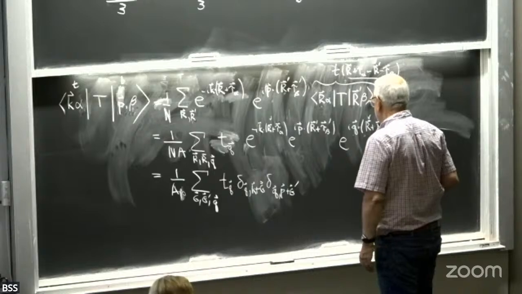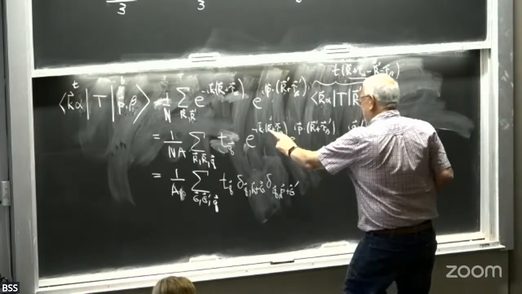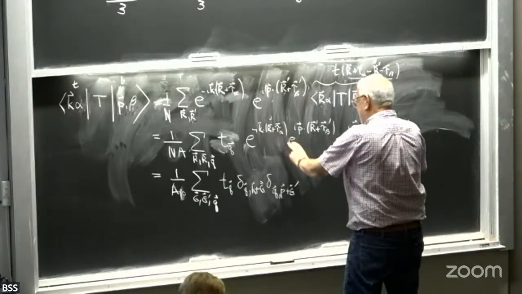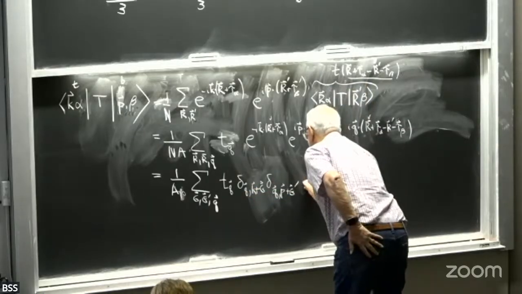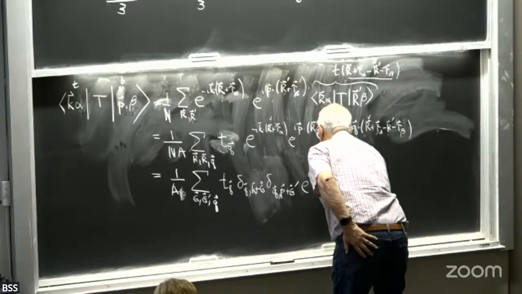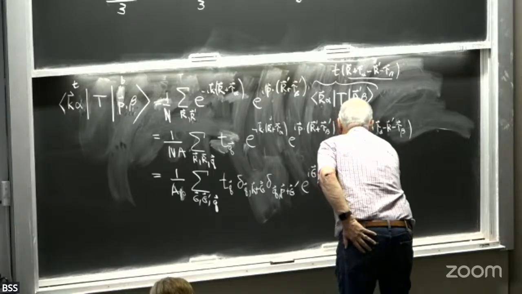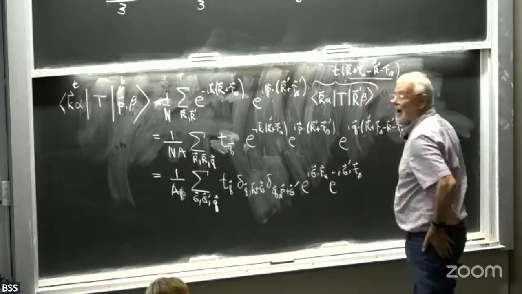And then I have the factors with tau alpha: Q minus K is G, so it turns out you get e to the i G dot tau alpha minus G prime dot tau beta.